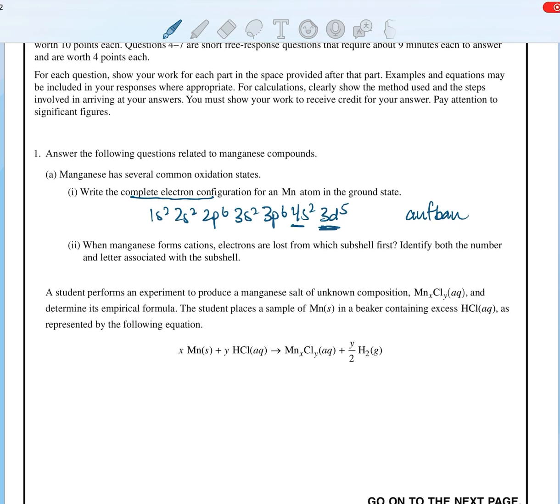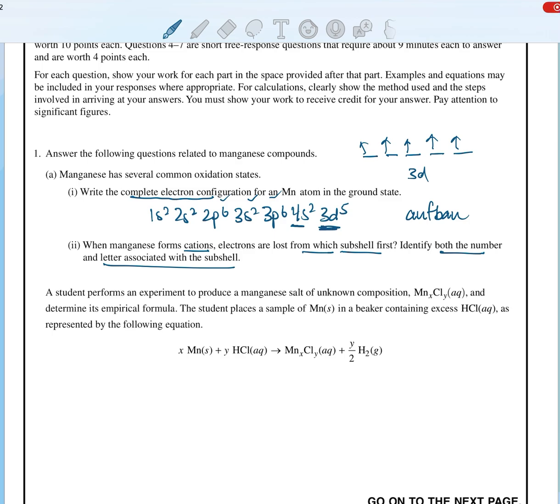So that will help us with the next part, because it says that when manganese forms a cation, electrons are going to be lost, and we're asked here which ones will be lost first. Identify both the number and letter associated with the subshell. So looking at this electron configuration, these are all very stable because they're all kind of maximized. Even the 3d5 is somewhat stable because, remember, each electron orbital has one electron in it, so it's somewhat okay.